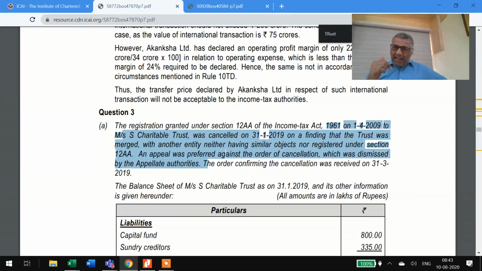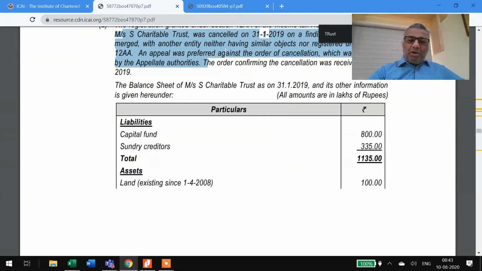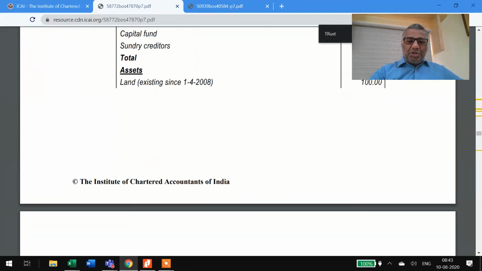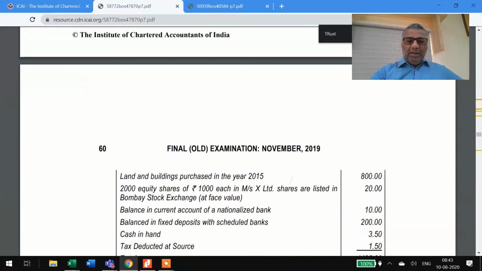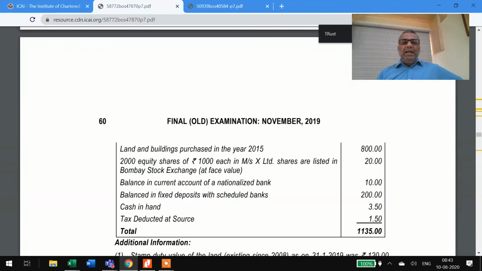So this land is existing before grant of exemption. Land and building purchased in the year 2015. This is relevant for us.